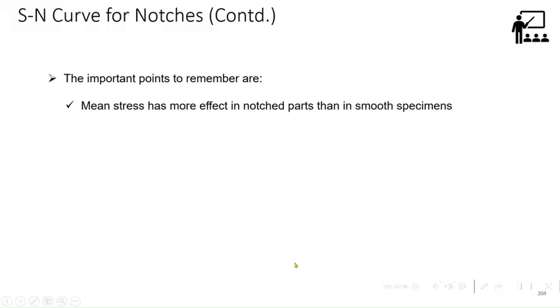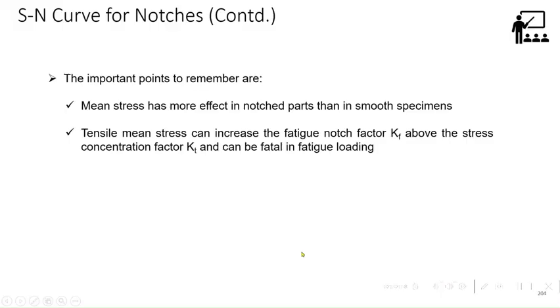So the important points to remember are: mean stress has more effect in notched parts than in smooth specimens, that you have seen. Tensile mean stress can increase the fatigue notch factor Kf. Sometimes we have seen Kf is less than Kt. It's a very special case where Kf becomes Kt. Imagine, that is a concern. You say tensile mean stress can increase the fatigue notch factor Kf. Till now we are saying Kf is more than 1 but less than Kt most of the time.